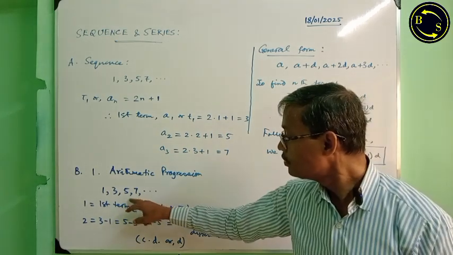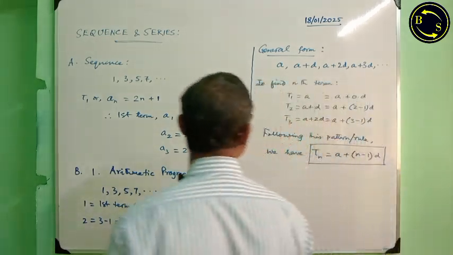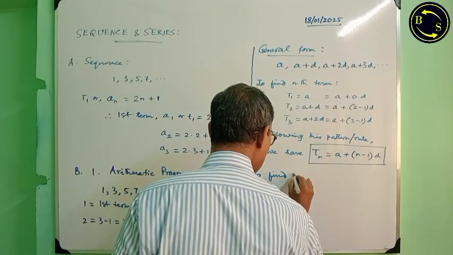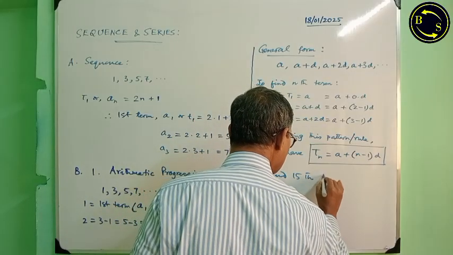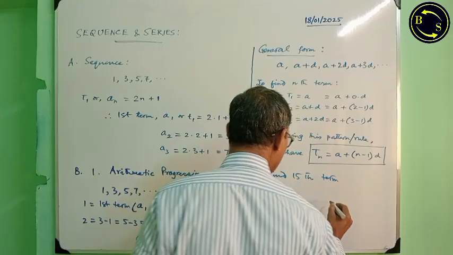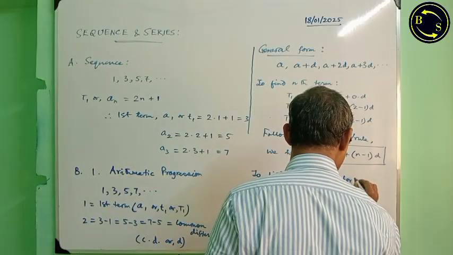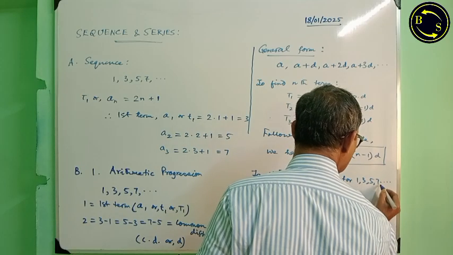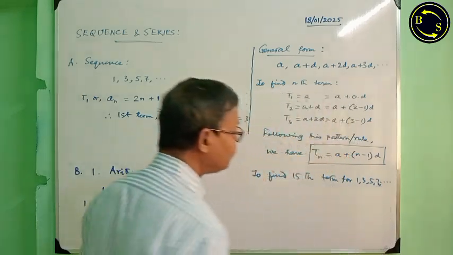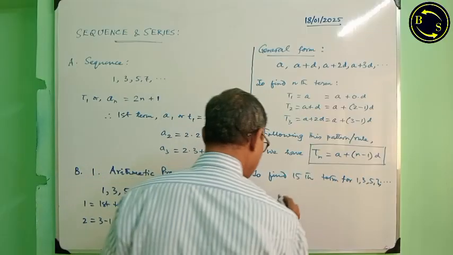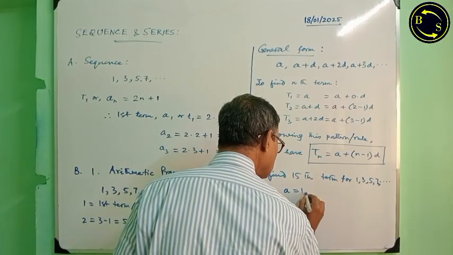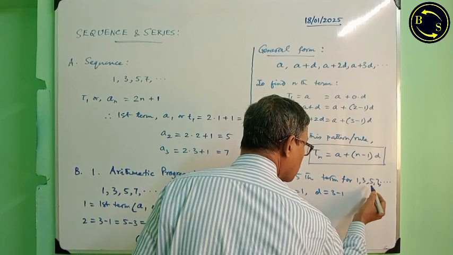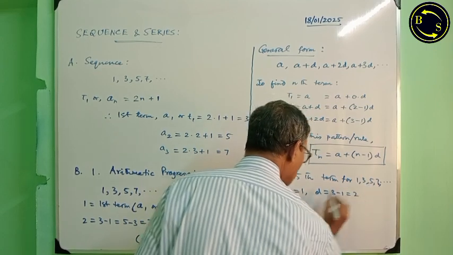If we consider this one, to find the fifteenth term for 1, 3, 5, 7, dot dot dot, a equal to 1, d equal to 3 minus 1, or we can write 5 minus 3, that is 2.